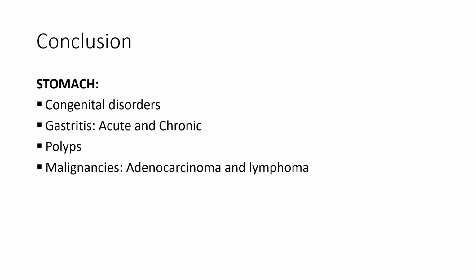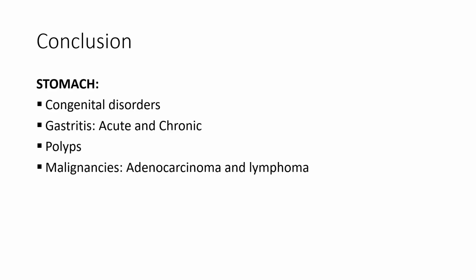Then we moved to inflammatory conditions, where we talked briefly about acute gastritis and then chronic gastritis, and we mentioned that H. pylori infection is by far the most common cause of chronic gastritis. And we mentioned the different complications that can arise as a result of H. pylori infection, and these complications include gastric ulcer disease.